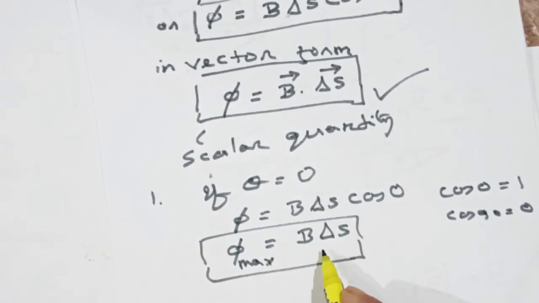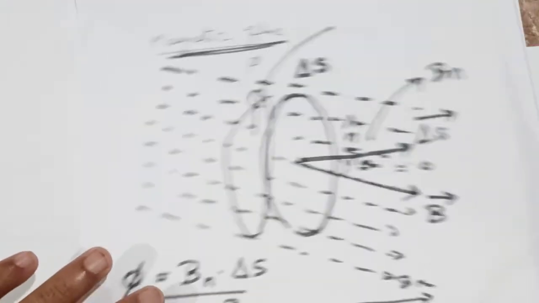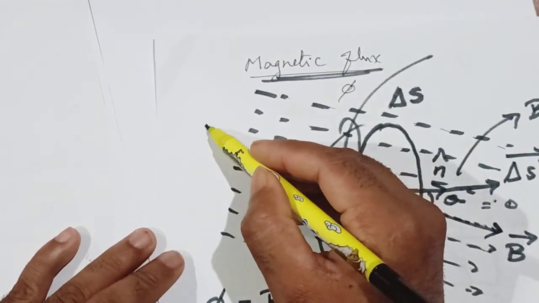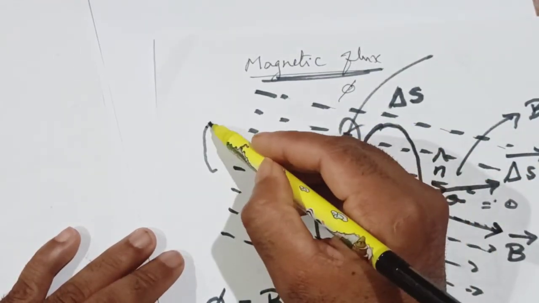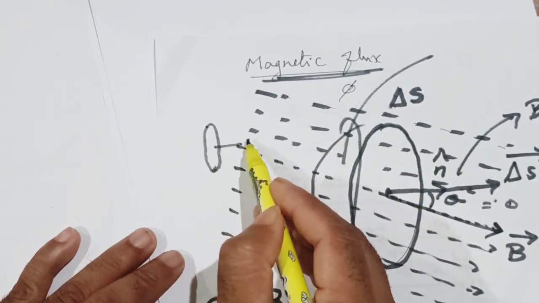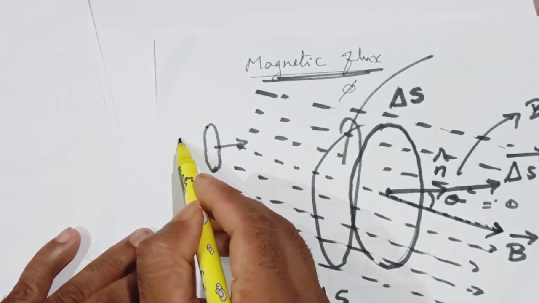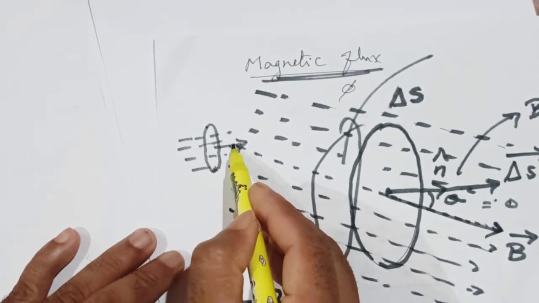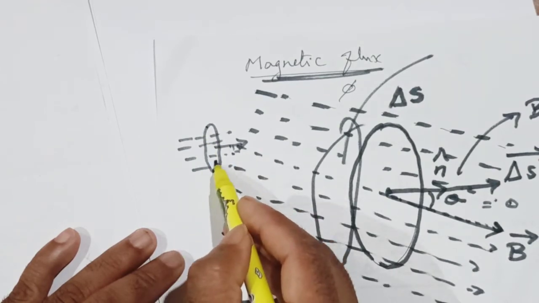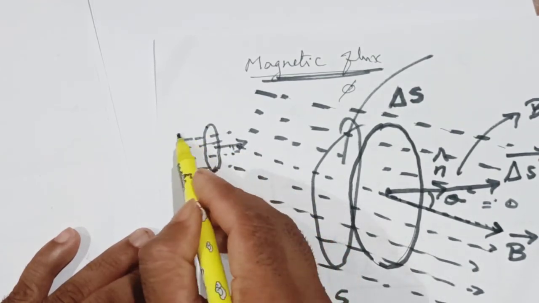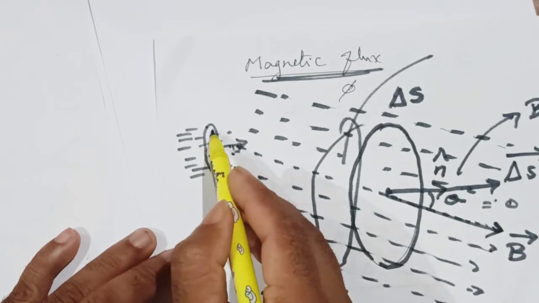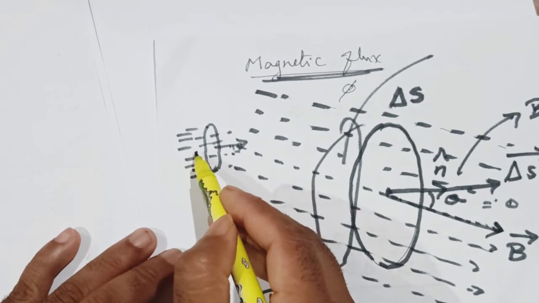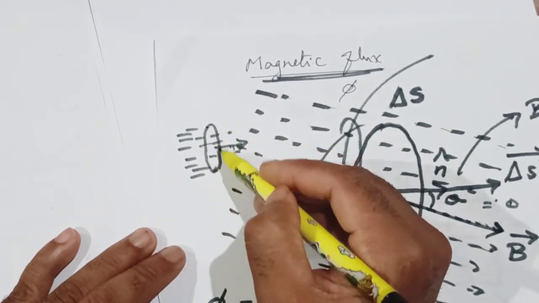Okay, when the plate is in perpendicular, it's like this. When the plate is in perpendicular, the normal is perpendicular, and when the magnetic field is parallel to the normal, it will get the maximum amount of magnetic field by this plate.